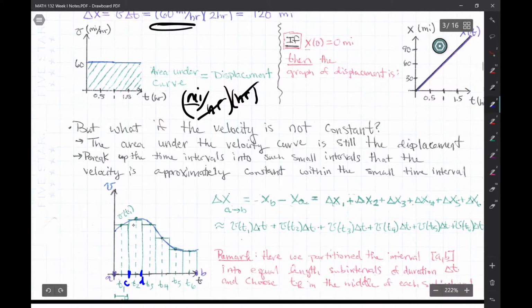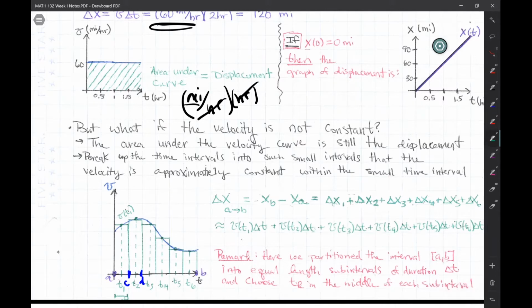So from C to D, is the velocity changing? Yes. But it's barely changing. So why don't I just choose a representative velocity there for that whole interval? I'll just pick one out, say the midpoint between C and D, and I'll let that be the velocity I choose to be representative over that subinterval.